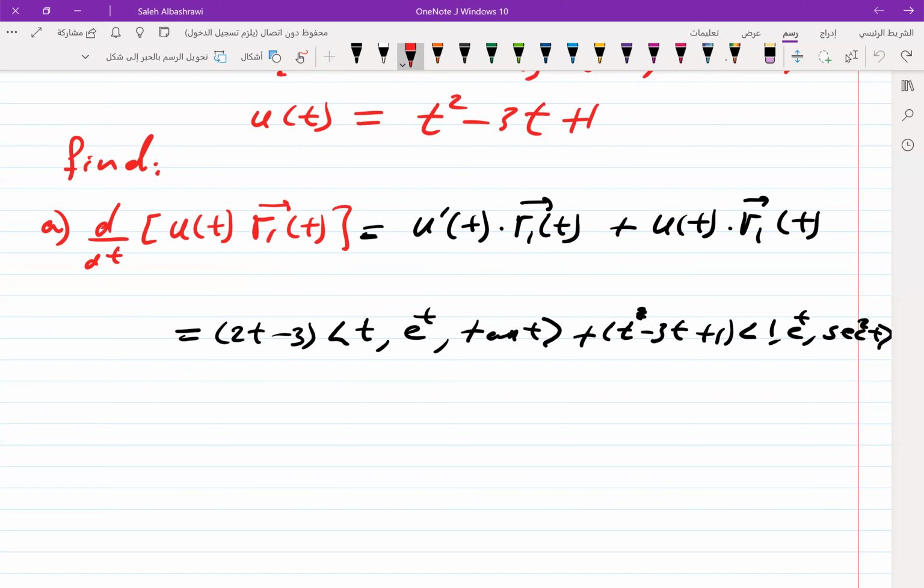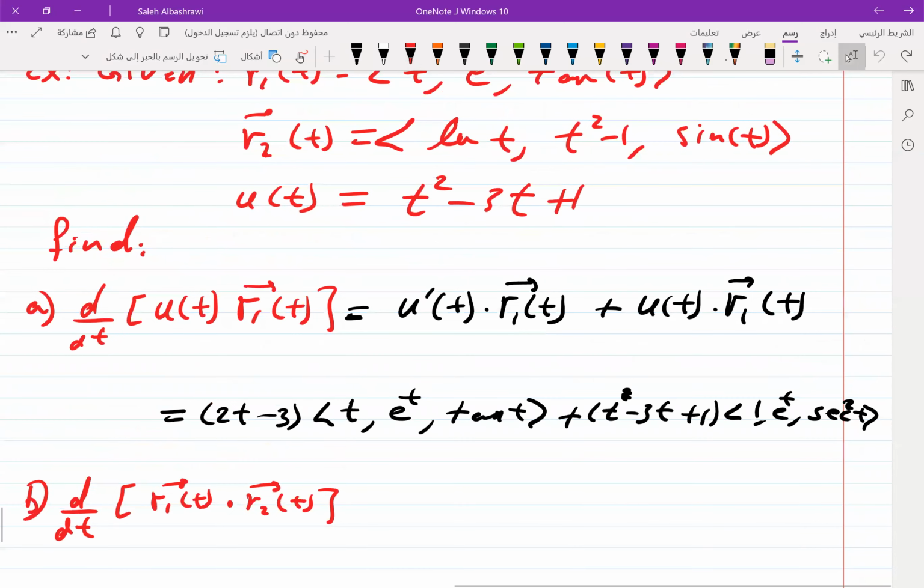Second one is find the derivative of r1(t) dot product r2(t). For this one, either we will find the dot product first and then find the derivative, or find the derivative of the two vector valued functions and then sum.